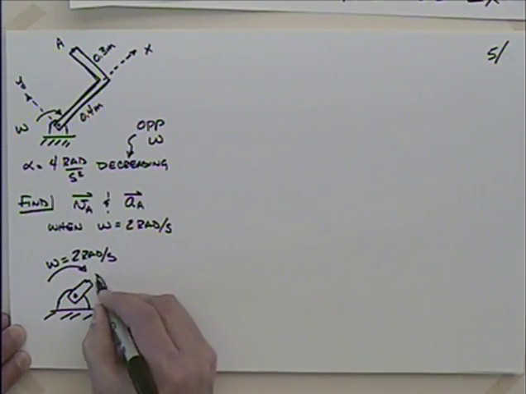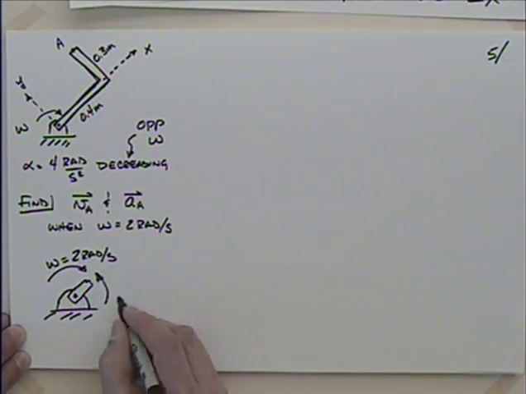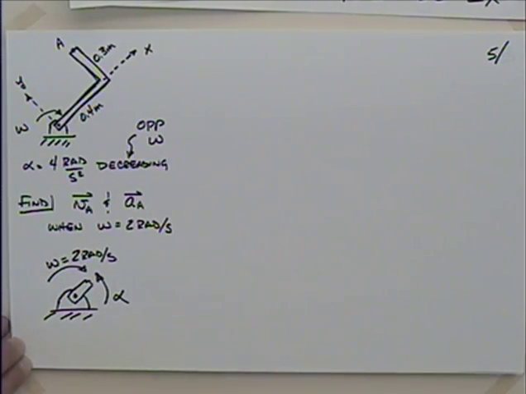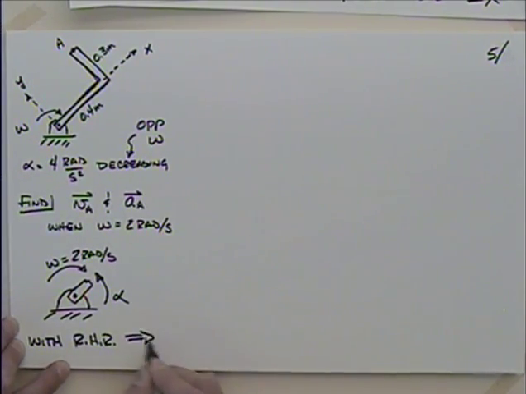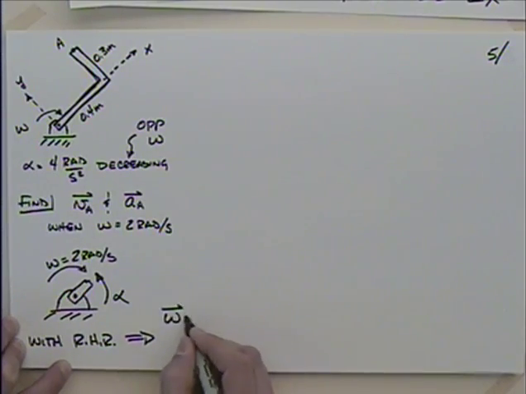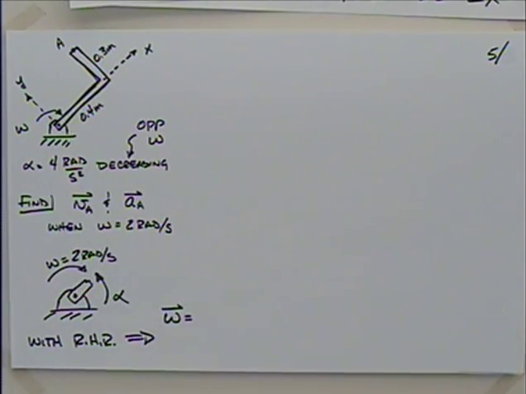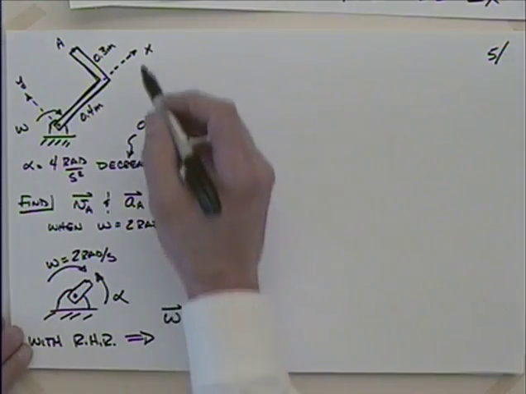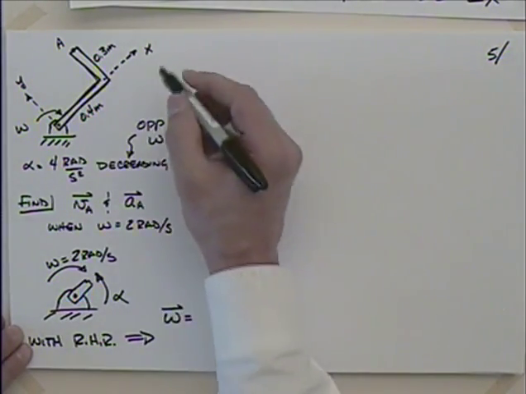And alpha is opposing it. It's going to go opposite it, like that. So if I use the right-hand system here with the right-hand rule, I can say that omega in vector form is what? I mean, if this is my x and my y, what is z?